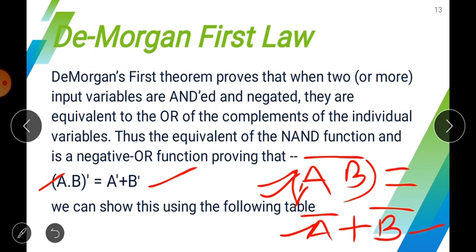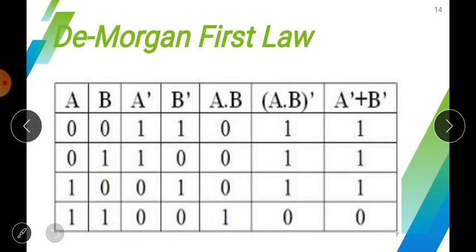So we can verify De Morgan's first law with the help of the truth table. Here you can see the truth table of De Morgan's first law is given. First of all, the total combinations are written, then the negate of the A variable and the negate of the B variable are also written. According to the law, first A and B will be ANDed in this column.